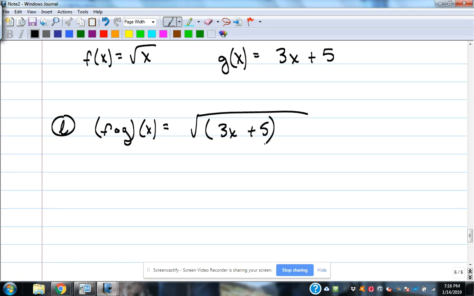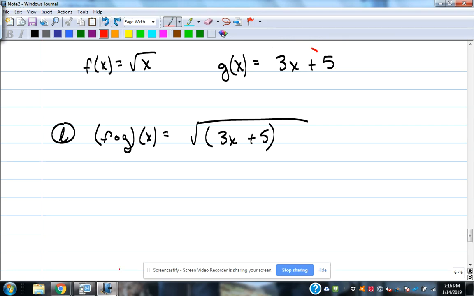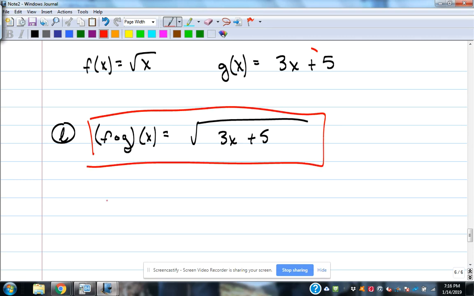You have that square root because f of x has the square root. So f composed with g means take this and put it in for x over there. That's what that means to do. Now, not anything I can do to simplify that. So there's my composition function or my composite function, which you might hear it called.